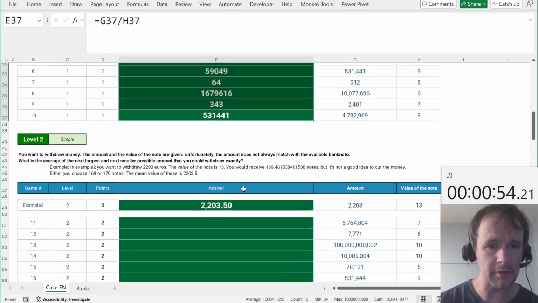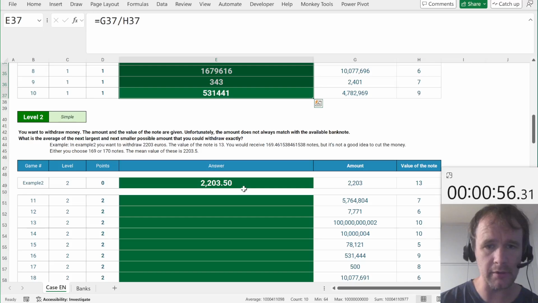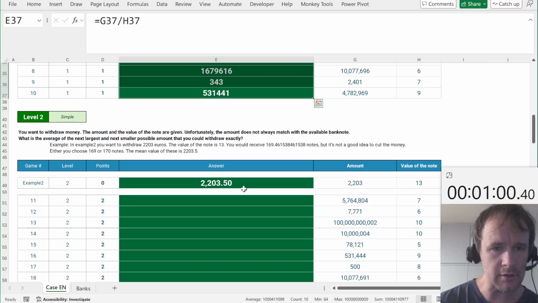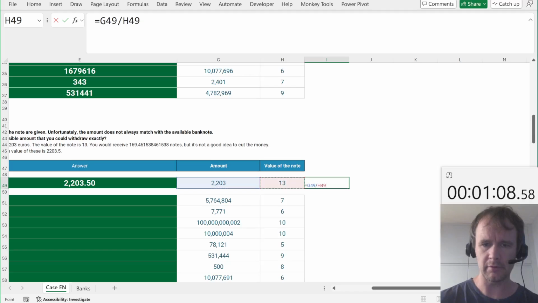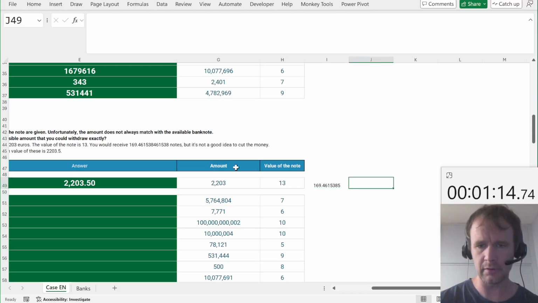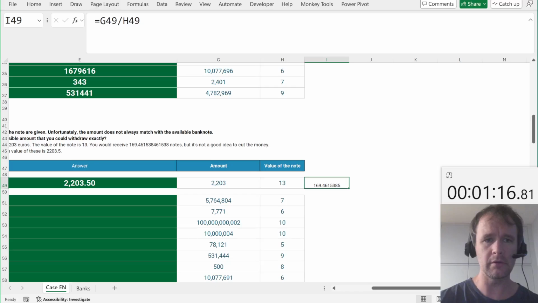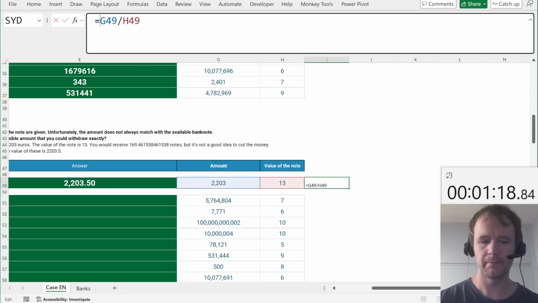Okay. You want to withdraw money. The amount and the value of the note are given. Unfortunately, the amount does not always match with the available banknote. What is the average of the next larger and next smaller possible amounts that you would withdraw exactly? Okay, so I'm going to say this over this. Sorry, got it. Yes. So it's going to be, I guess, int of that.